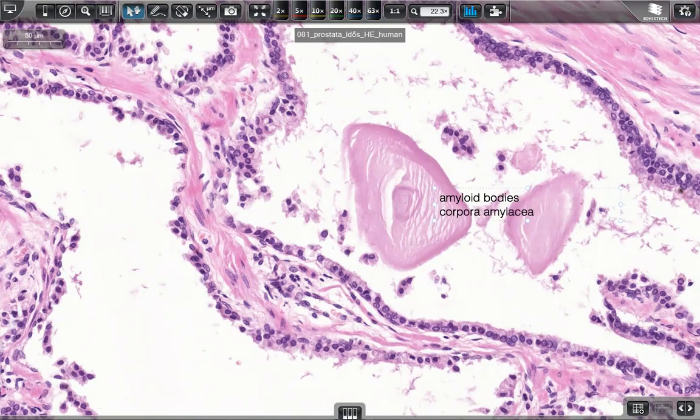Corpora amylacea, so amyloid bodies, these are eventually the degradative materials of the glands, and because they are presented because of the aging, causing the firm touch of the prostate during the manual examination.